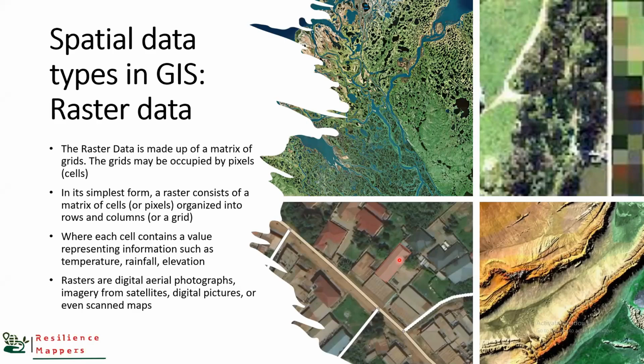However, in GIS, those boxes may not have only color, but can also have information in them. The different kinds of information can be like elevation. For example, you see this image here. This is a DEM. When you zoom in, you will find that those pixels, all the cells, have elevation values.